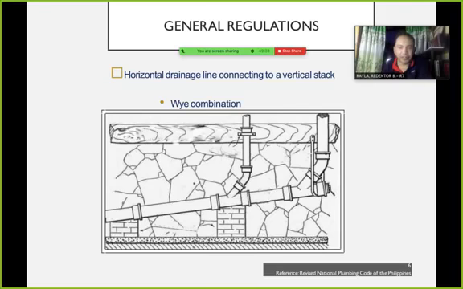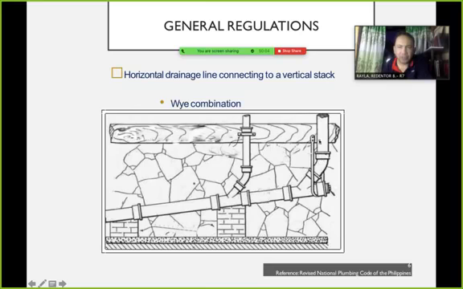So we have the Y combination. This is the Y combination, a Y and the other Y here connected to this another bend.